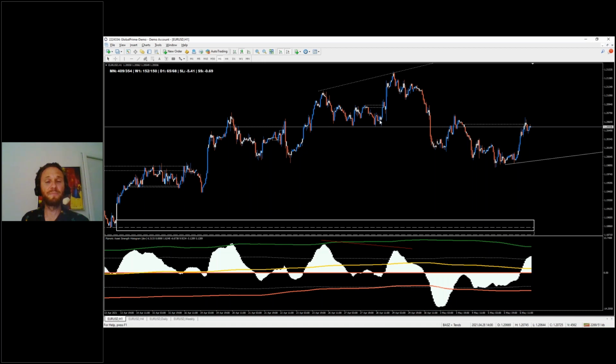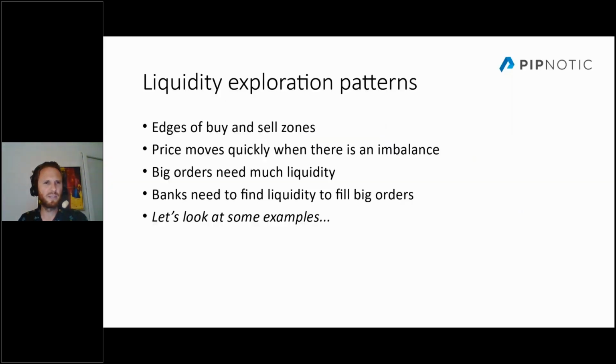It can just be that price is doing what it's doing. So this is an example of liquidity exploration. The banks need to fill their orders by finding liquidity, and this is going to be found in the form of pending orders in the market, as we discussed a second ago.